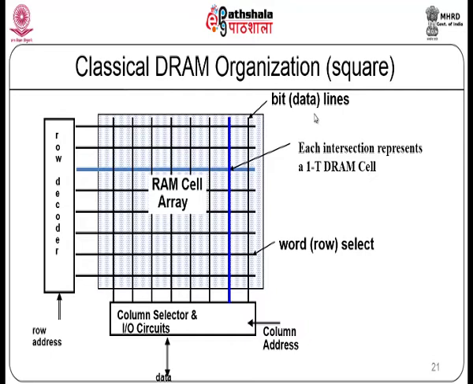Even though when a row decoder outputs a line, all the cells in that particular row get selected, and when one line of the column decoder is activated, the entire column gets selected, you find that at the intersection of the row decoder's output and the column decoder's output, there is only one cell available. So, that is the only cell that is chosen for either a read operation or a write operation. This is what typically happens in a 2D organization.